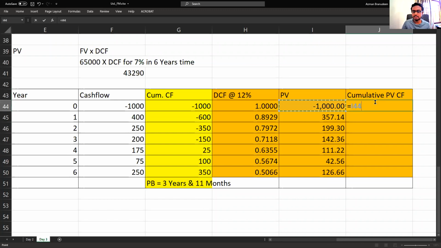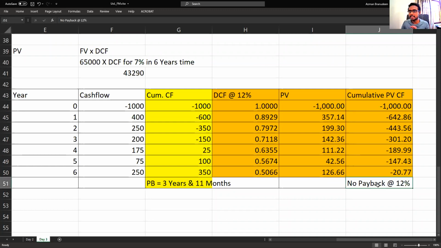So this, whoa. So there's no payback, is it? Yeah. Right, all right. No payback at 12%.